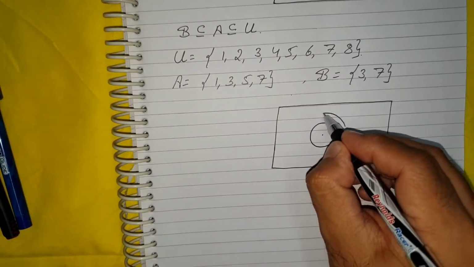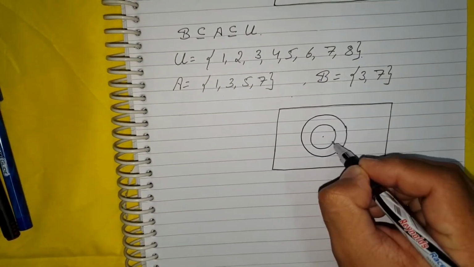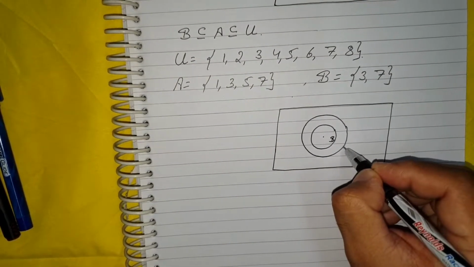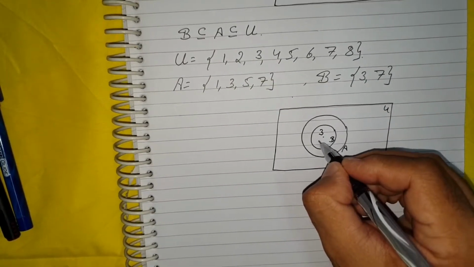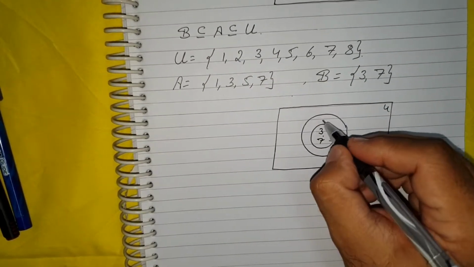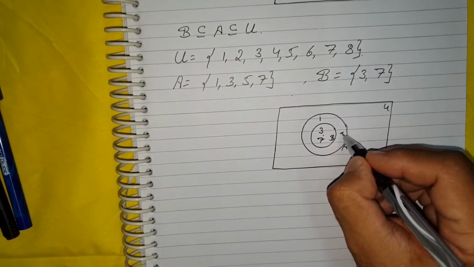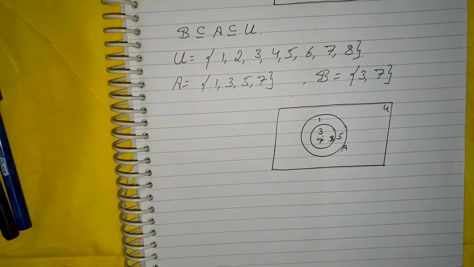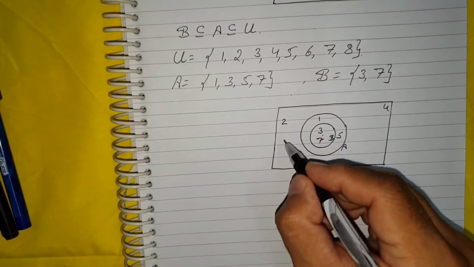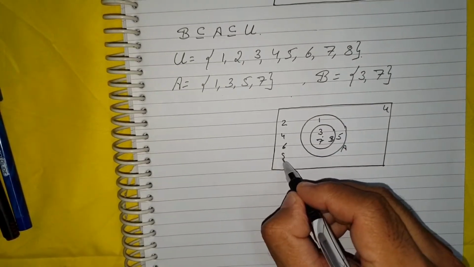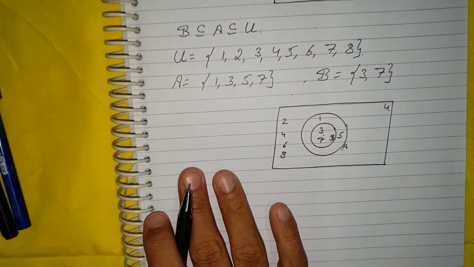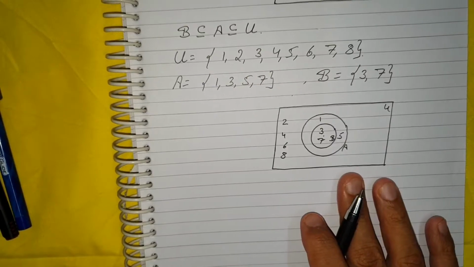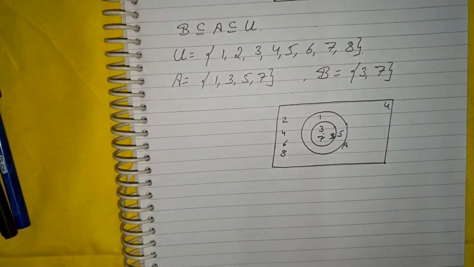The bigger one will represent A. This is B, this is A, and this is the universal set. So B is 3, 7, A is 1, 5, and the universal set has 2, 4, 6, 8. This is how we make the Venn diagram. That's the theory of Venn diagram.